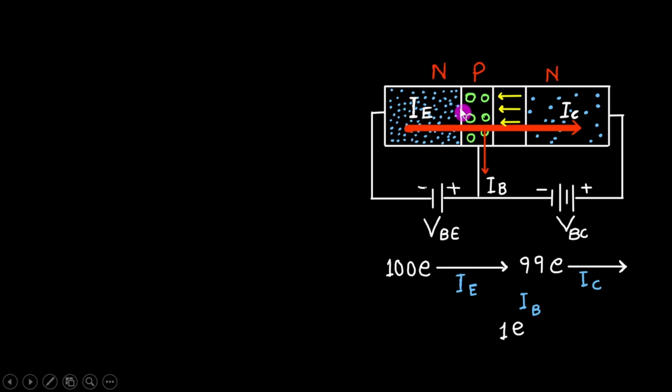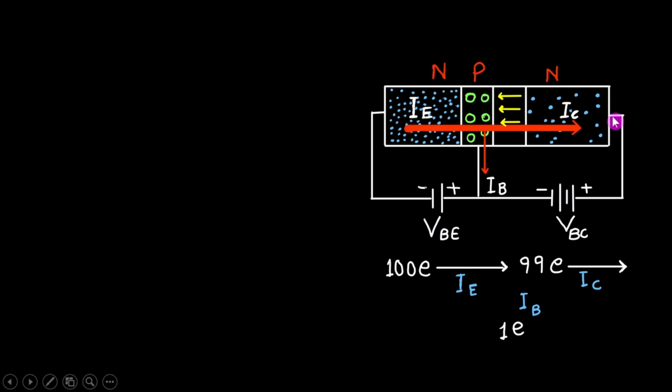Here the depletion layer will be less, and the electrons, the majority charge carriers, will be allowed to cross this barrier. On the other hand, if we connect the positive terminal to the N-type semiconductor material and the negative terminal to the P-type semiconductor material, the negative terminal will attract the holes, which are in majority in the p-type material, towards itself.